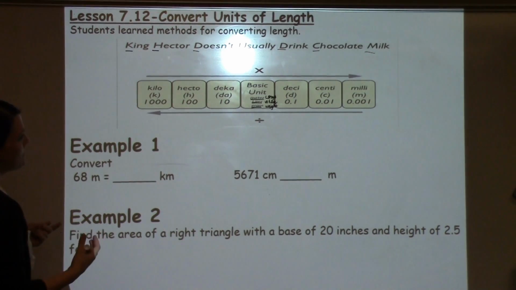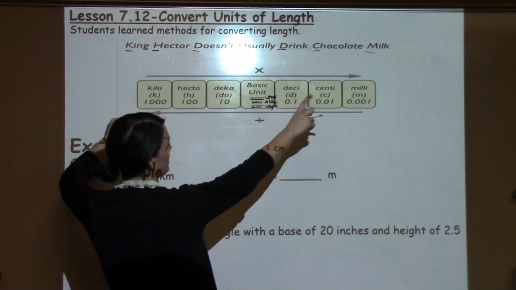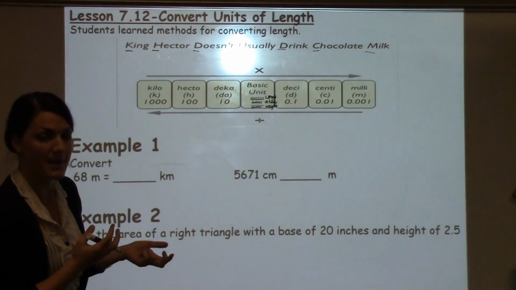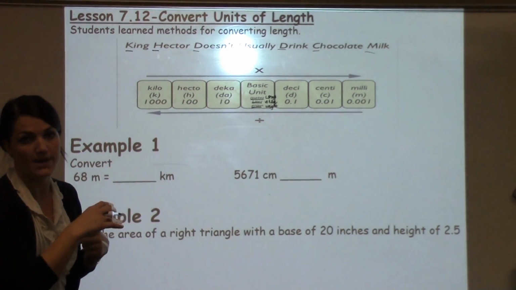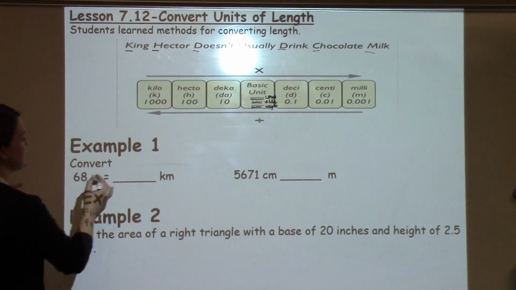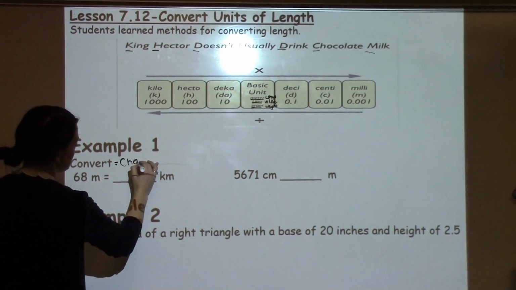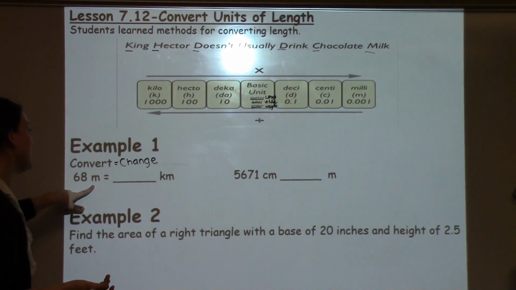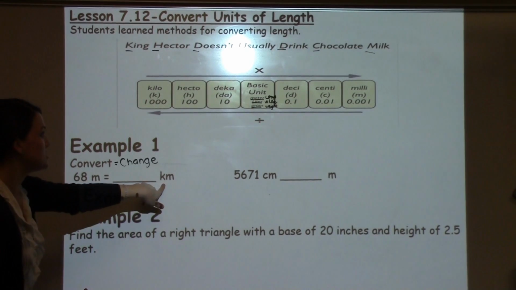We're going to look at how we can use these arrows to help us solve problems where we have to convert from one thing to another within the metric system. The first example says convert, which we tell students is just a fancy word for change. So I want to convert 68 meters into kilometers.